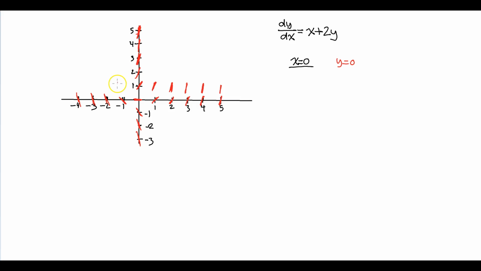At x equals -1, x is -1 plus 2 times 1, which is 2. -1 plus 2 is 1. At x equals -2, you have -2 plus 2, which is equal to 0. And at x equals -3, you get -1.